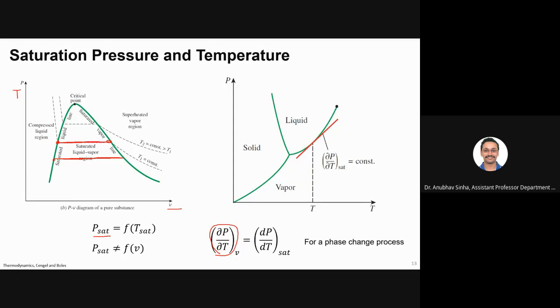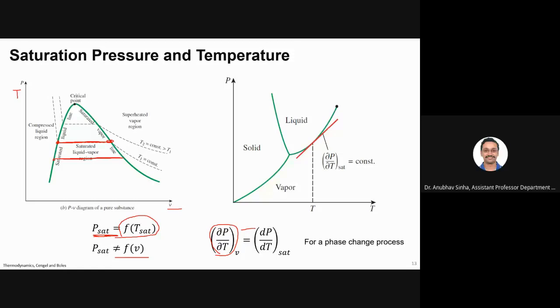This is the region I am talking about. For this phase change process, saturation pressure is basically a function of temperature. It is not a function of volume, right? Yes, sir, I understand. Thank you, sir.